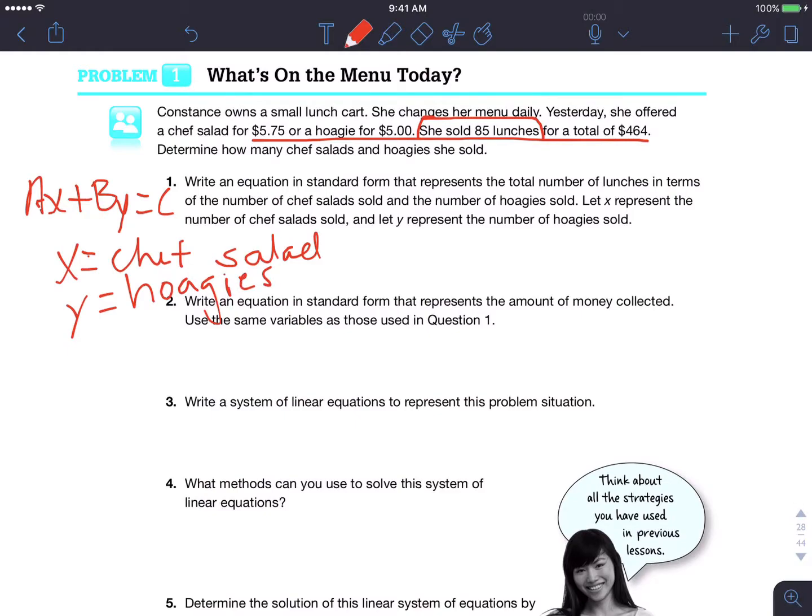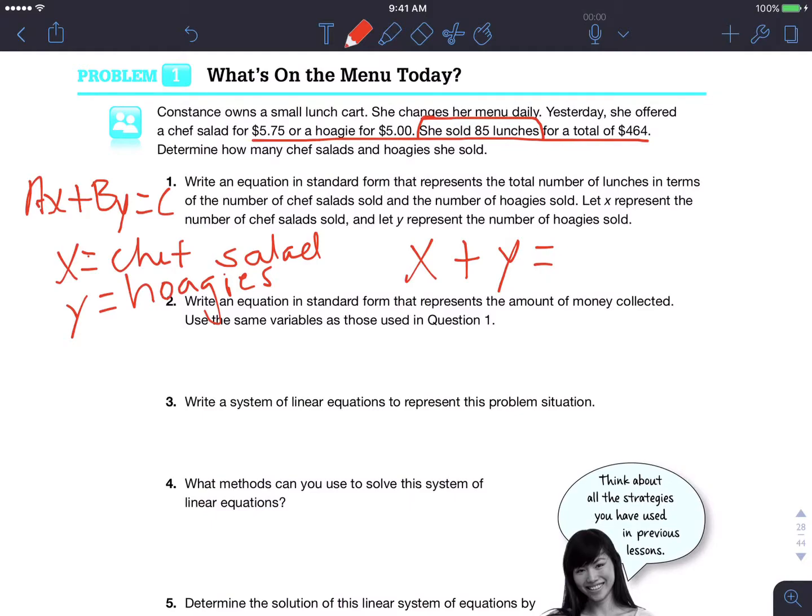Okay. So in that case, if X is chef salads, let's just write X, and we're going to follow the standard form. X plus Y represents hoagies equals, it says number of lunches sold.